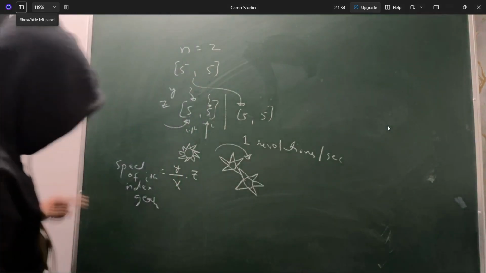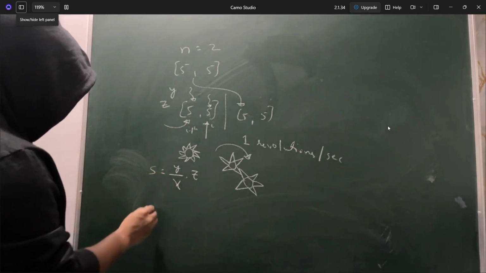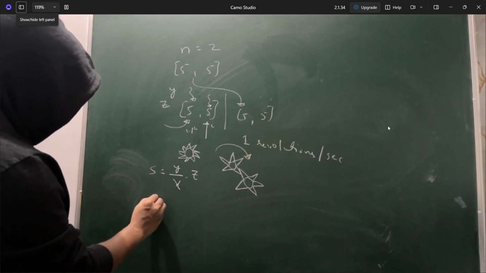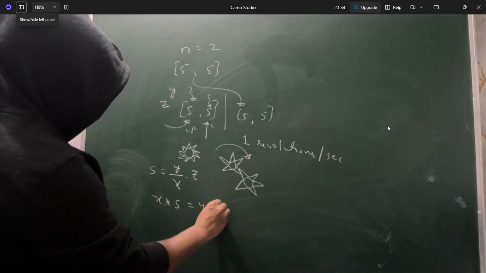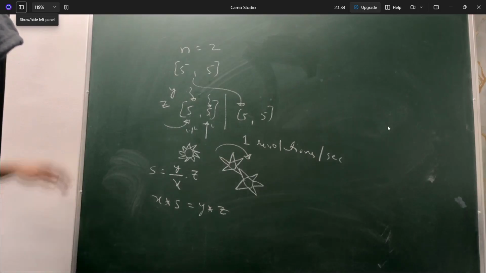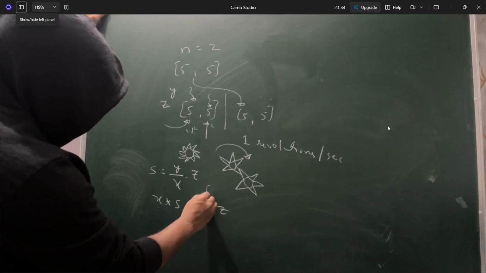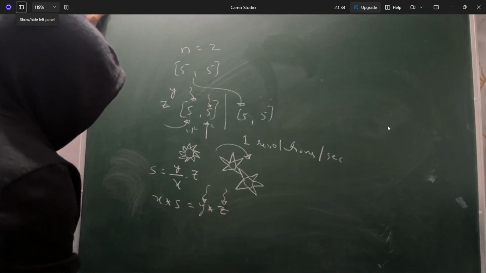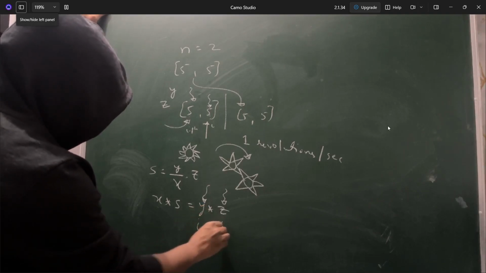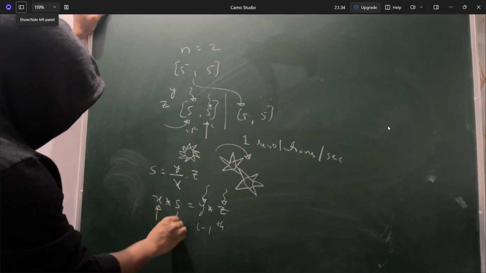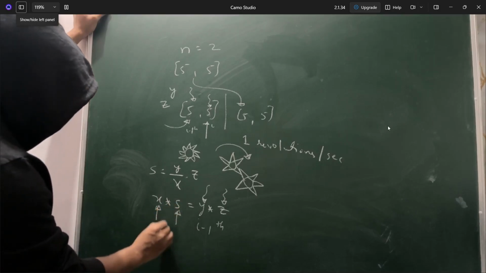Now this speed, let me call it s. Then x into s is equal to y into z, right? This is basically the number of teeth and this is basically revolutions per second. This is for index i-1, where y is the number of teeth and z is the revolutions per second, and this is for the ith index.